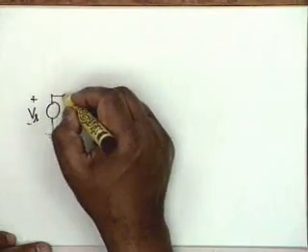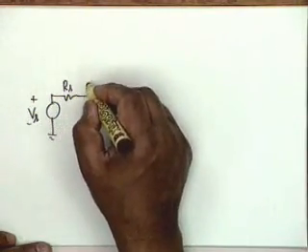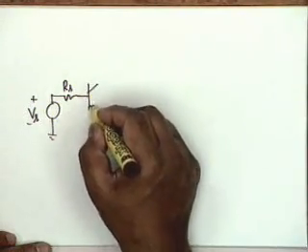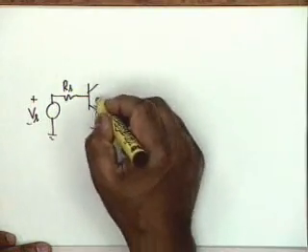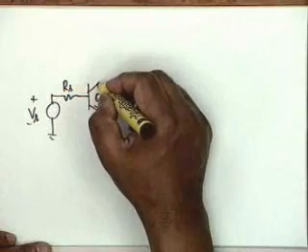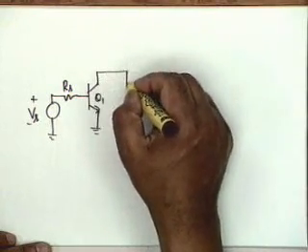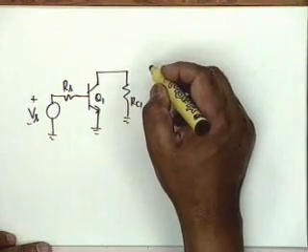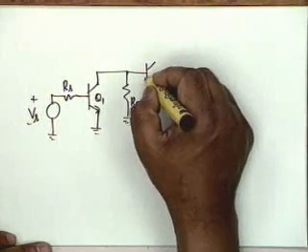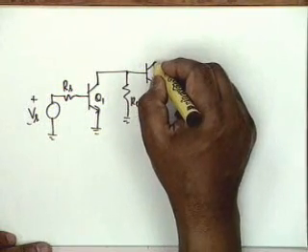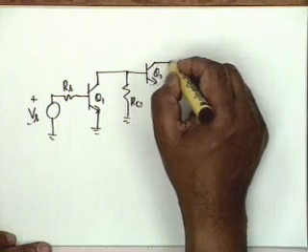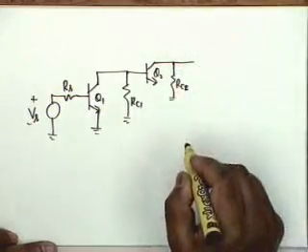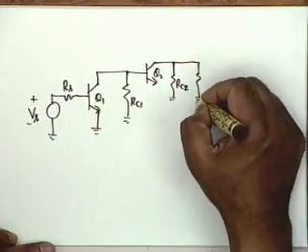I have a Vs, Rs. This is also a practical amplifier. This is Q1, RC1. Then we have a Q2, RC2, this is the biasing resistance, and then you have an RL.